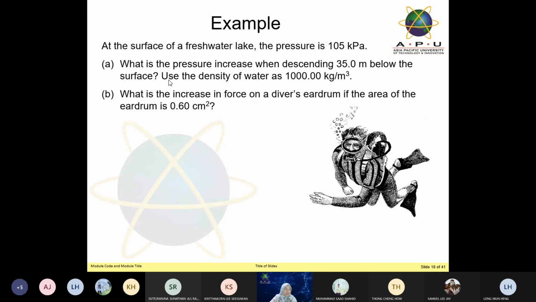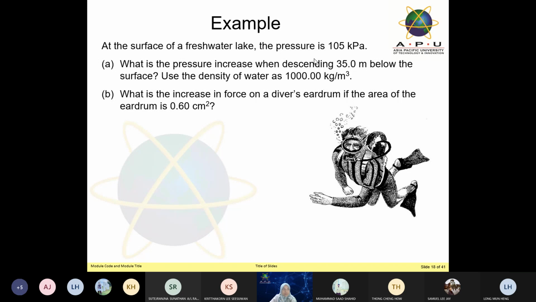Okay, so for example, what is the pressure increase when descending 35 meter below the surface? Okay, here it is mentioned at the surface. Surface is at the top, at the top of the lake. Okay, at the surface of the lake, the pressure is 105 kilopascal.